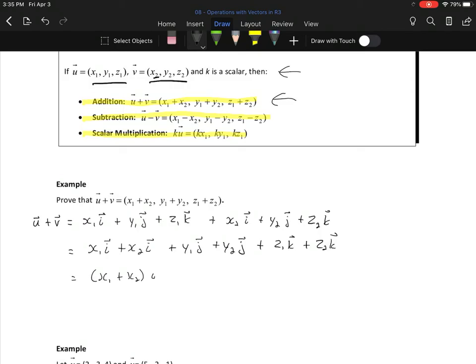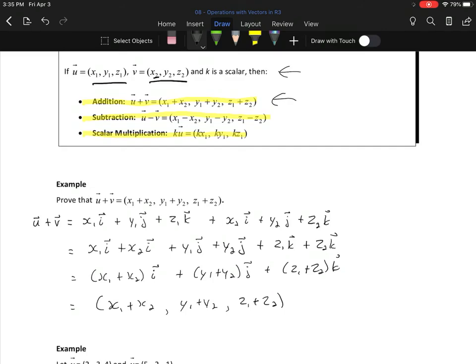And combining those, I get x1 plus x2 times i. I've just common factored out the i. And then I get y1 plus y2 j. I've just common factored out the j. And I get z1 plus z2 k, and that's equal to x1 plus x2 is the first component, y1 plus y2 is the second component, and z1 plus z2 is the third component. So, very easily with i's, j's, and k's, I've proved the addition here.